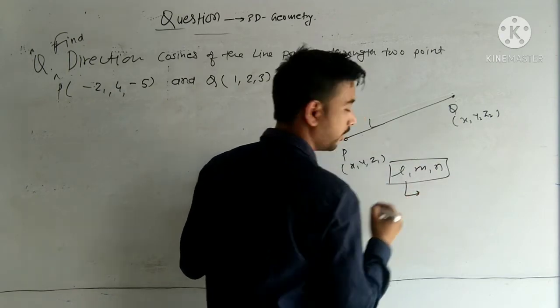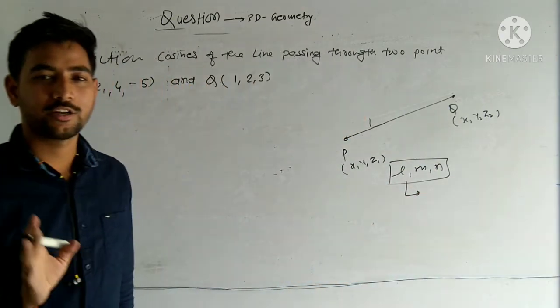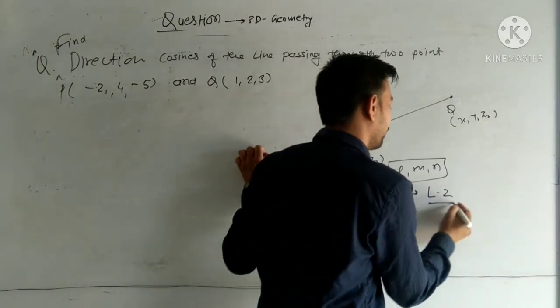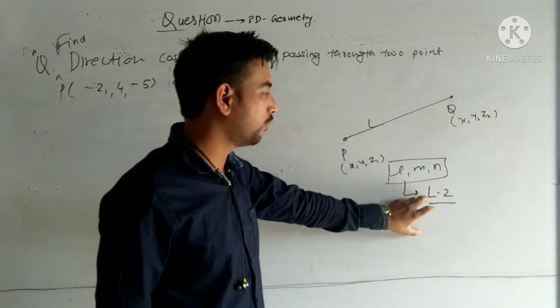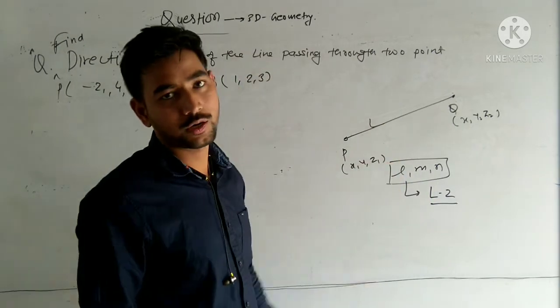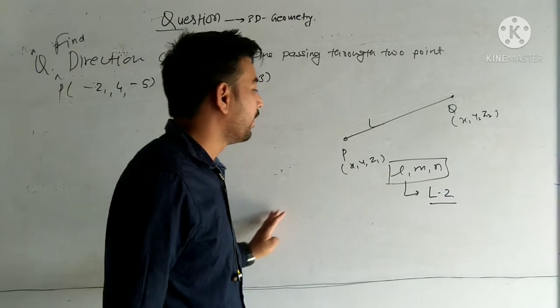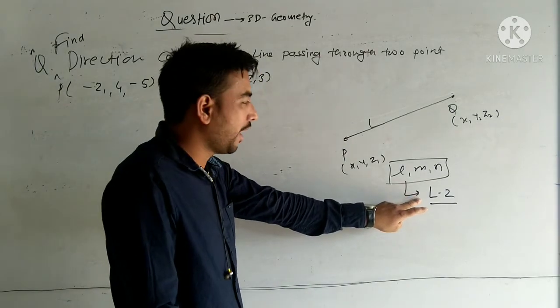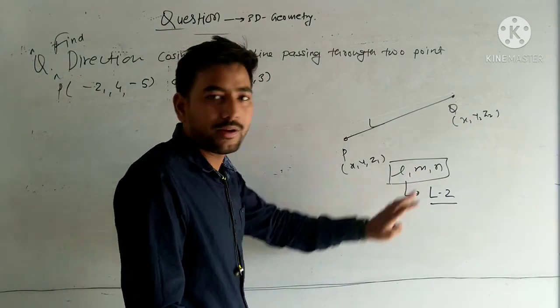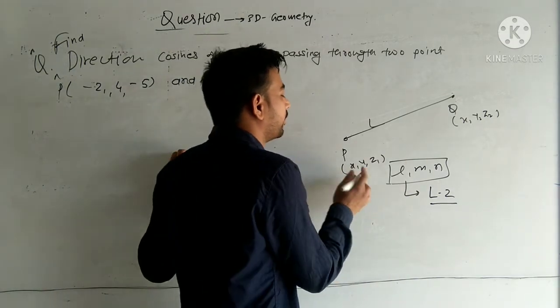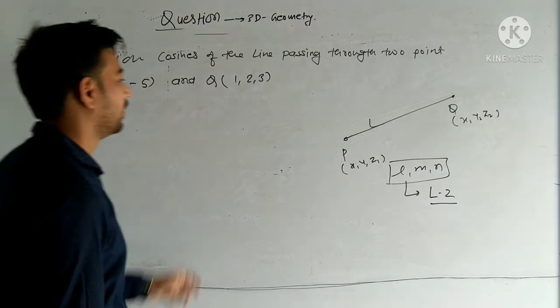If you really want knowledge, then you should watch my lecture number 2 first. In lecture number 2 I have explained how you can find the direction cosines if the line passes through two points.